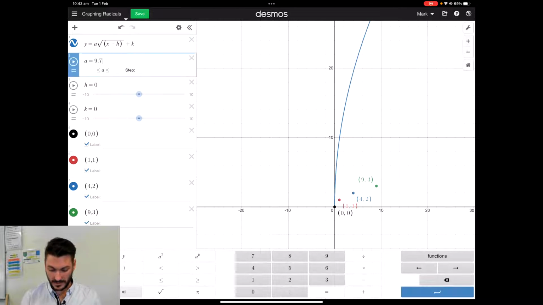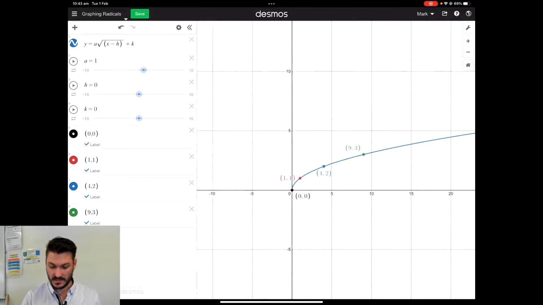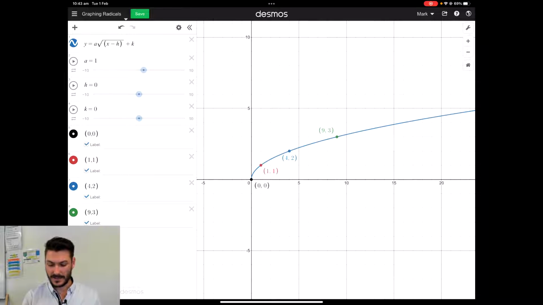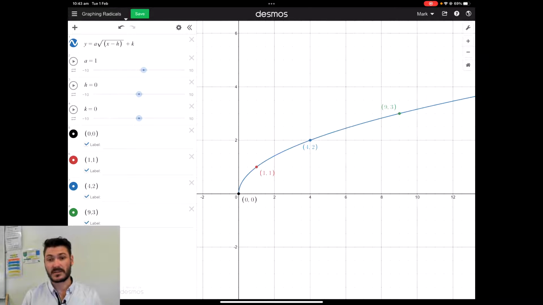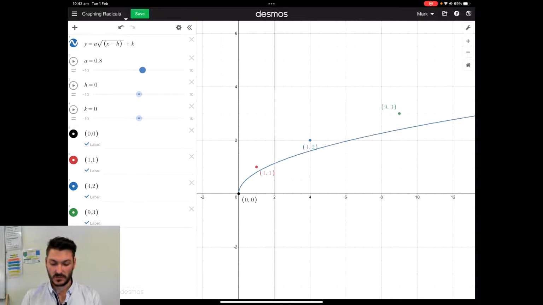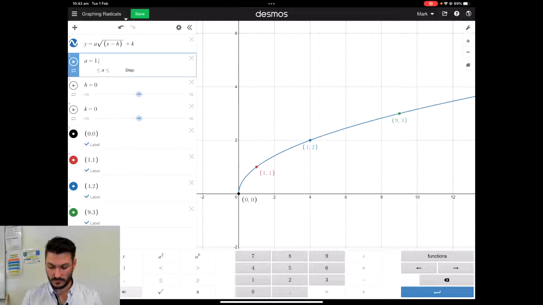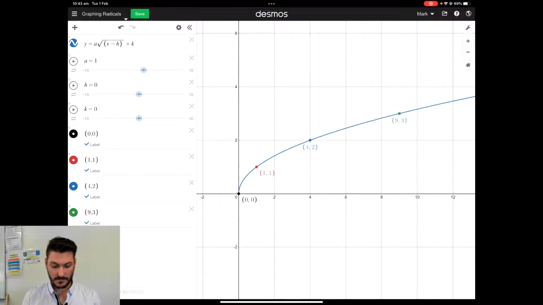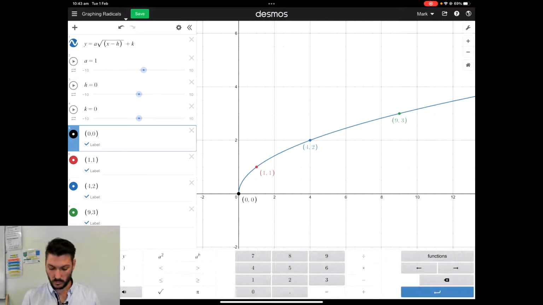So what I'm going to have to do first is recognize that in this scenario the x values aren't actually changing. As I change this a value, x equals 1 is still going to be on there. It's the y value that's changing. So I'm going to go to my points down below that I've labeled, and on all of the y values, I'm going to multiply them by a, because that's really what's going to be happening here.